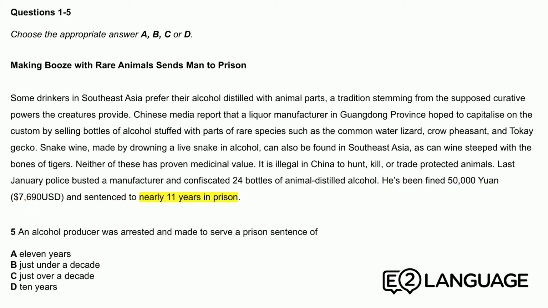If we look closely, we can see nearly 11 years in prison. So if we look at A, 11 years, incorrect. B, just under a decade, incorrect. C, just over a decade, correct. D, 10 years, wrong. The answer there, C, just over a decade.